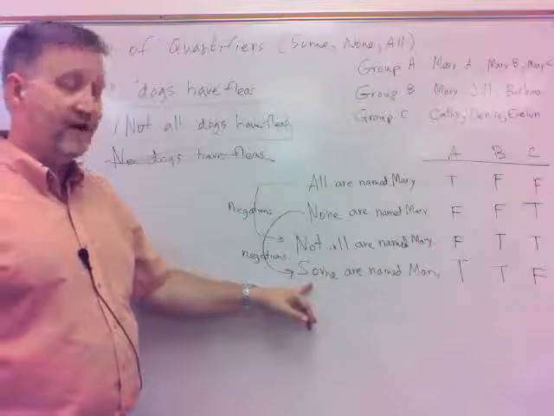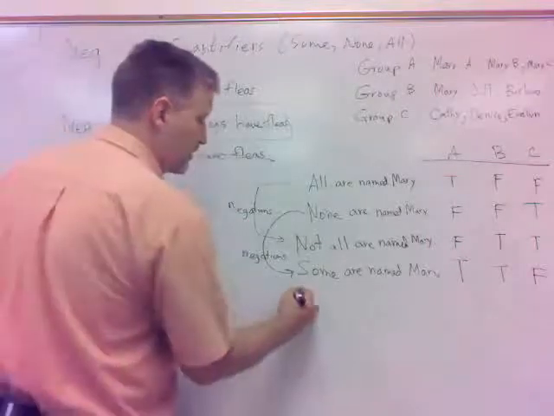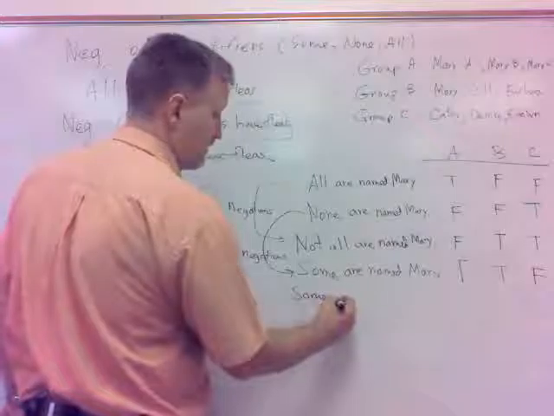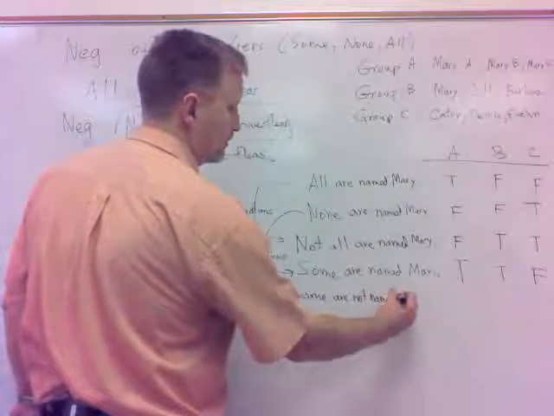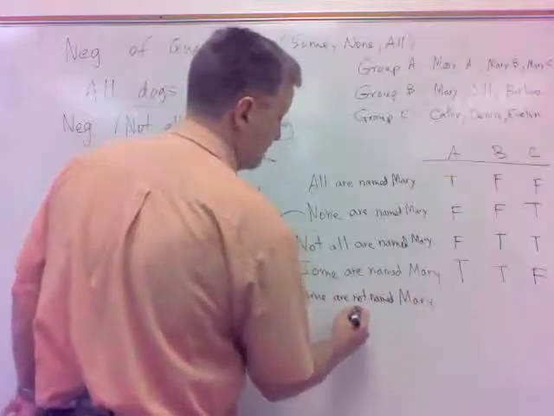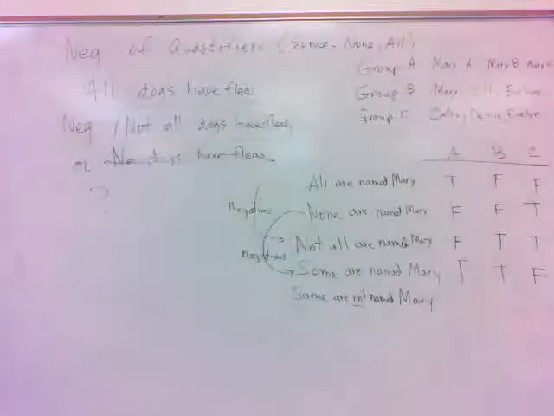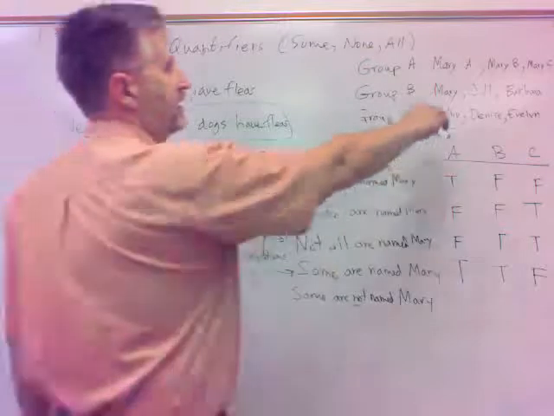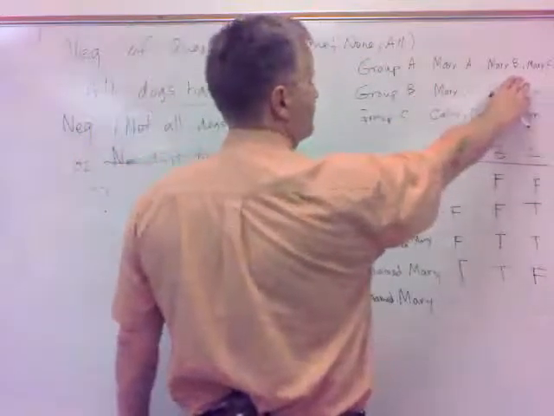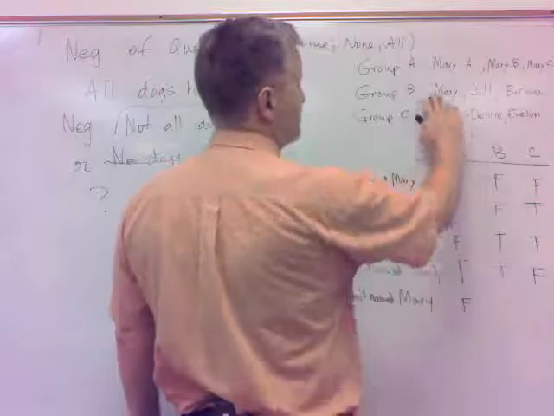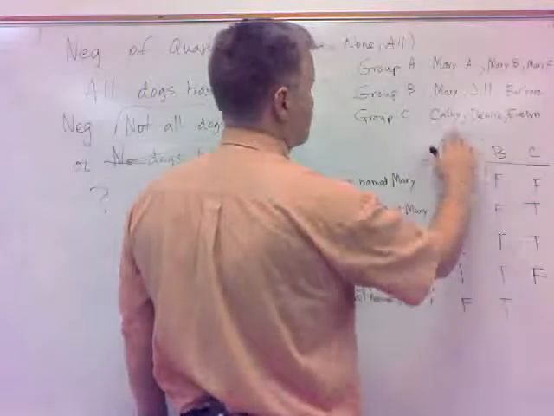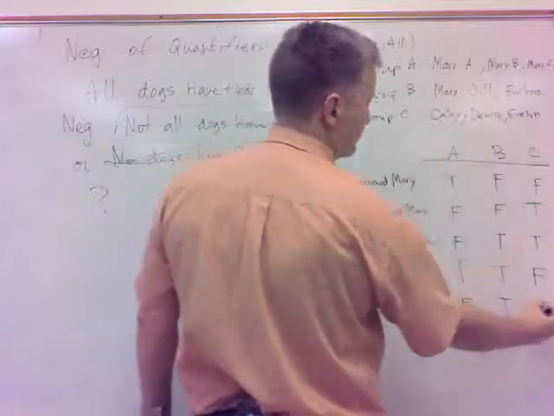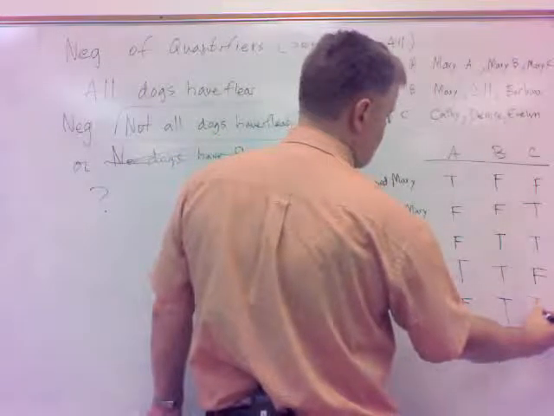Let's say I put the word "not" here: some are not named Mary. Let's see if that negates the phrase. Some of them are not named Mary in A: false. Some of them are not named Mary in B: that's true. And some of them are not named Mary in C: that's true.